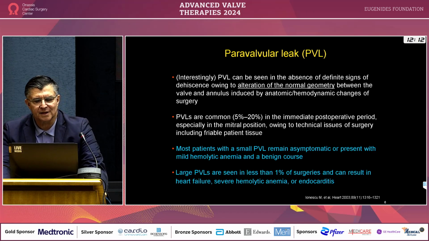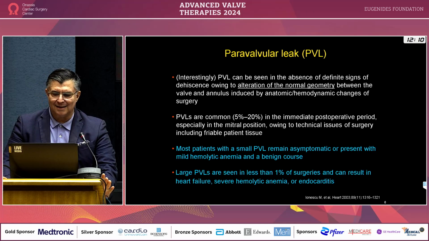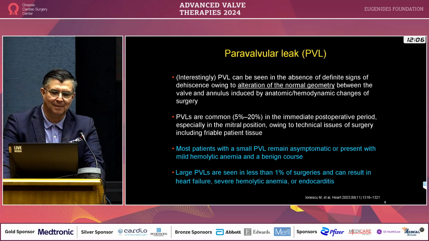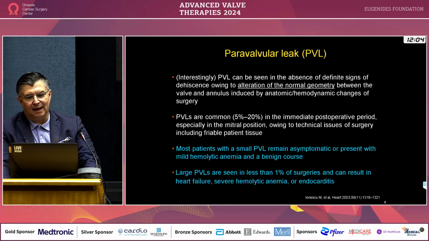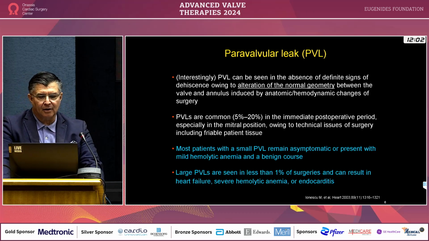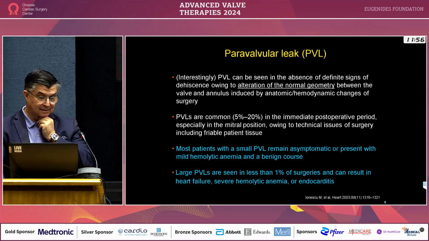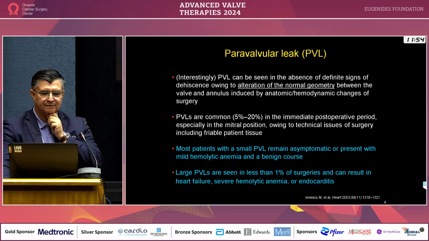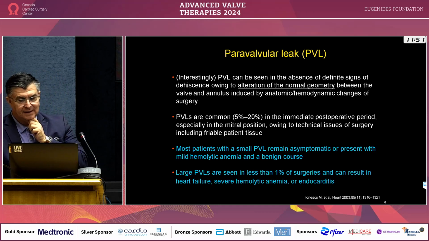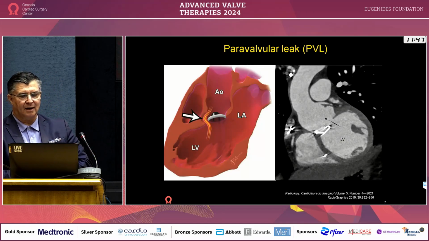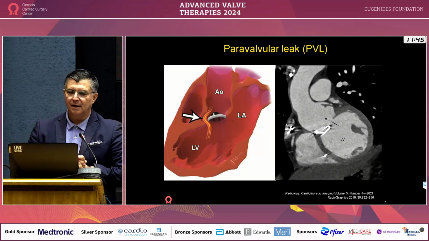Most patients with a small PVL are asymptomatic or even undetected initially until mild hemolytic anemia may kick in. However, large PVLs are seen in less than 1% of surgeries, and those can result in heart failure, severe hemolytic anemia, or endocarditis.